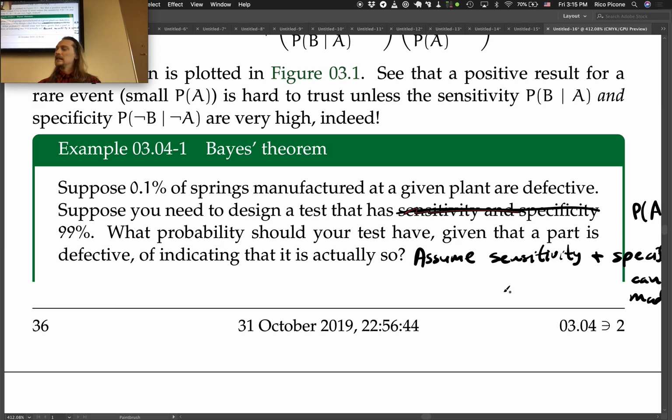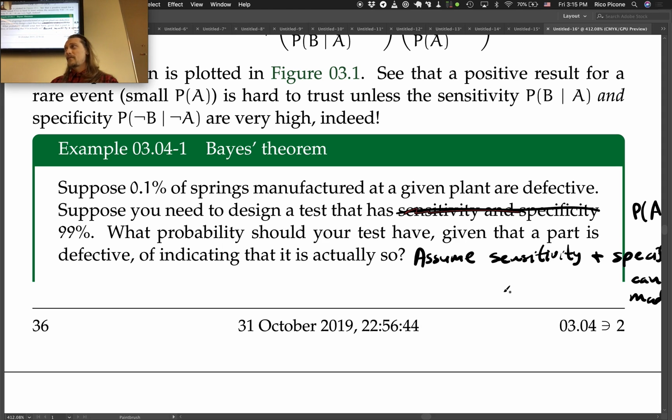So probability of A is the probability that your spring is defective. And then probability of A given B is the probability of a true test: the probability of the spring being defective if your test is saying that it is.